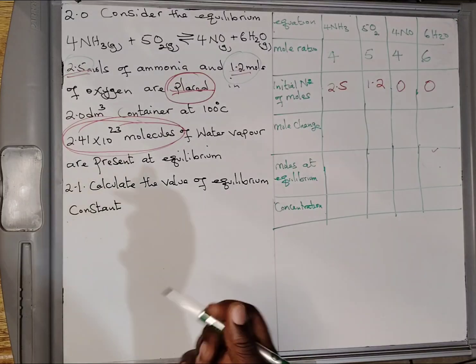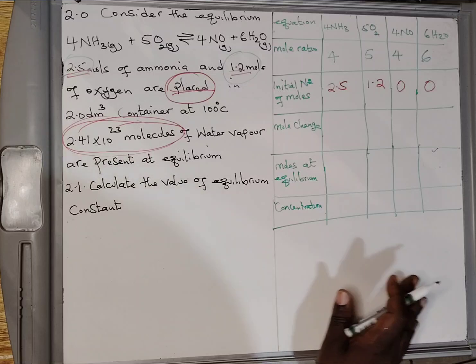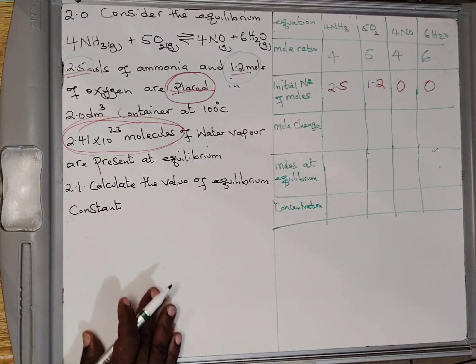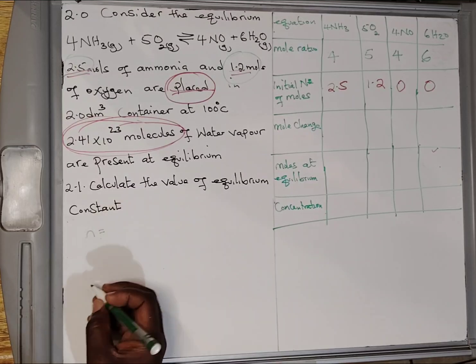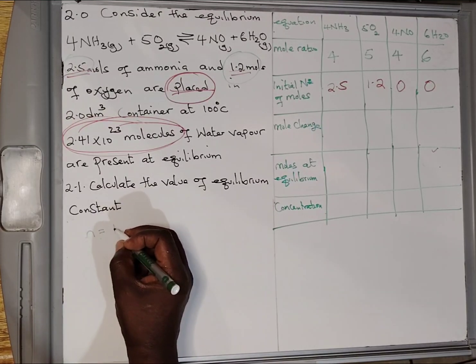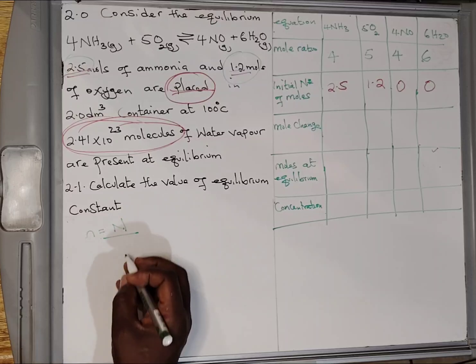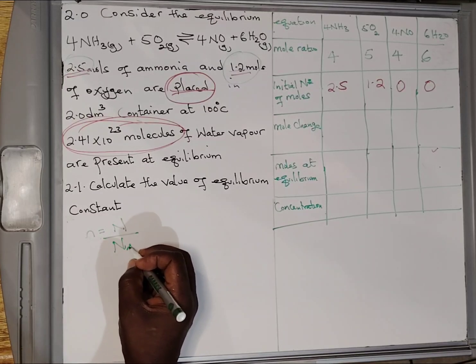So we perform a calculation to change the number of molecules to moles. How do you do that? We use the known equation, which says n is equal to number of entities over Avogadro number.